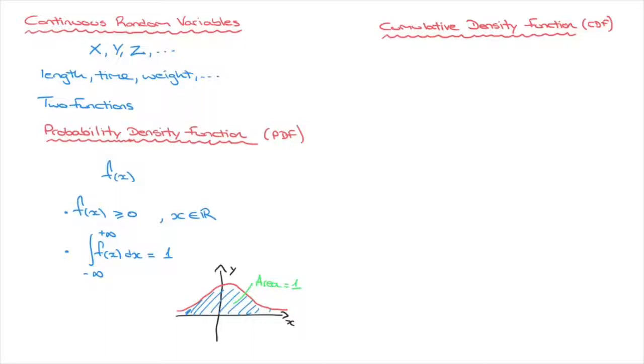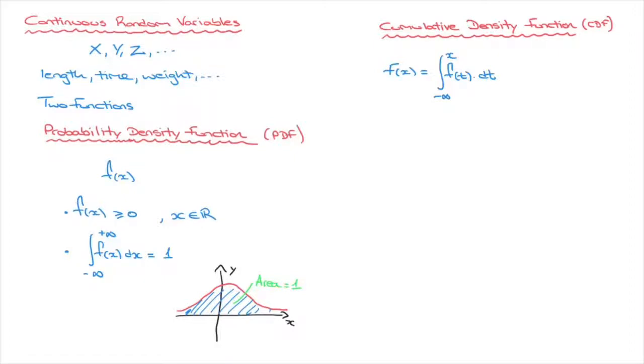It's defined as capital F of x, and it's equal to the integral from -infinity up to x of the probability density function. So I'll write f of t. Don't let the fact that I'm writing t here instead of x bother you. We simply do that to distinguish the variable from the upper limit of the integral.